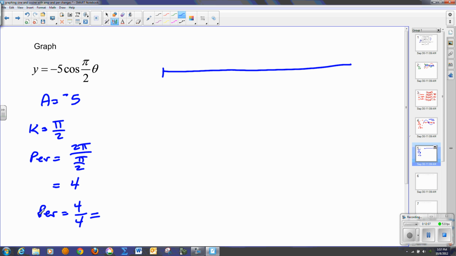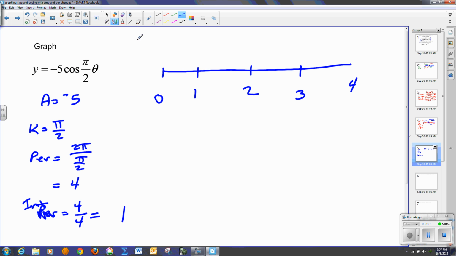Oops, I'm sorry, that was supposed to be intervals. So I get intervals of 1. So if my period goes from 0 to 4, then I have intervals of 1s. Those are all the unique points where I'm going to get values of 0 or 1.